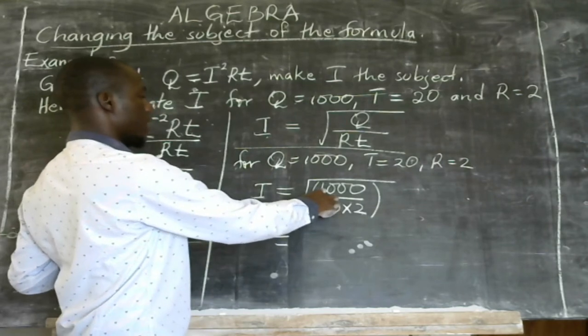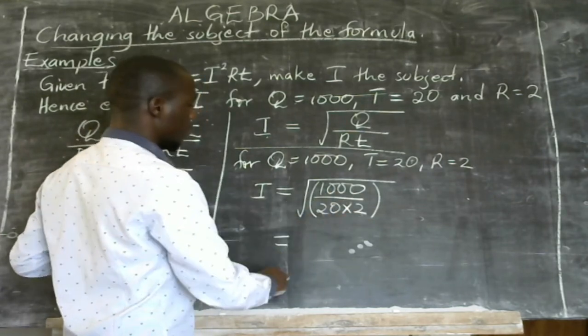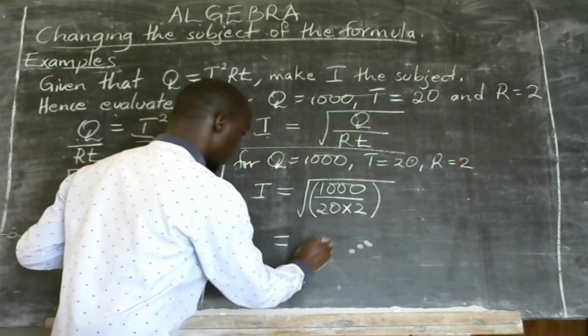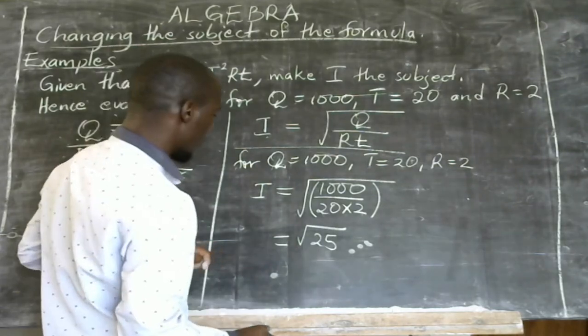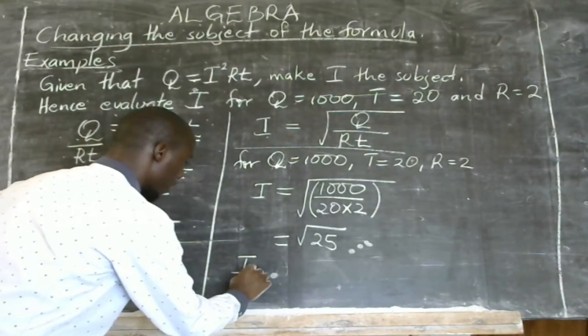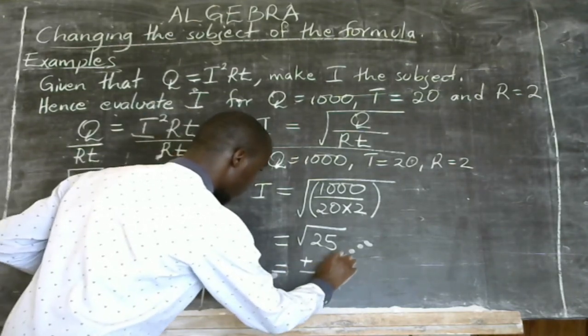So when you divide 1000 by the 20 times 2, that one is going to be 25. Then I still have the root there. Therefore, the value of I is going to be plus or minus 5 there.